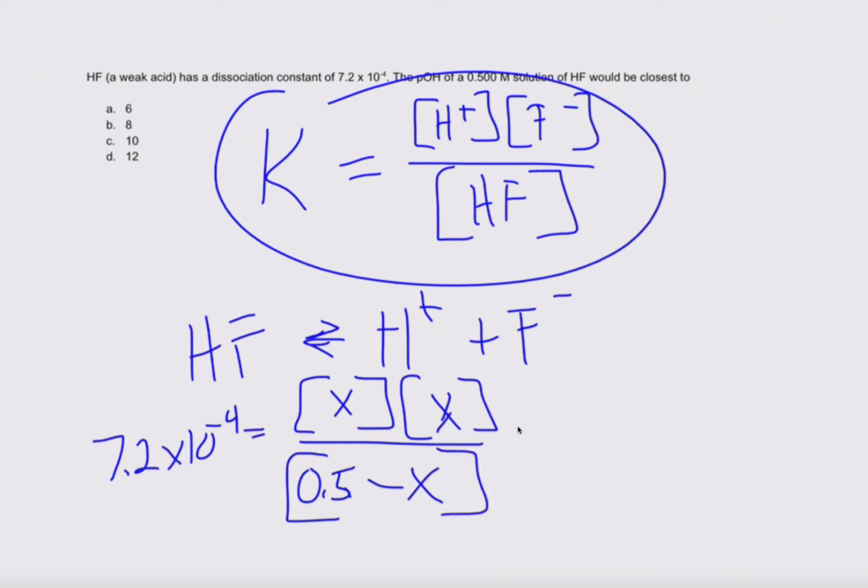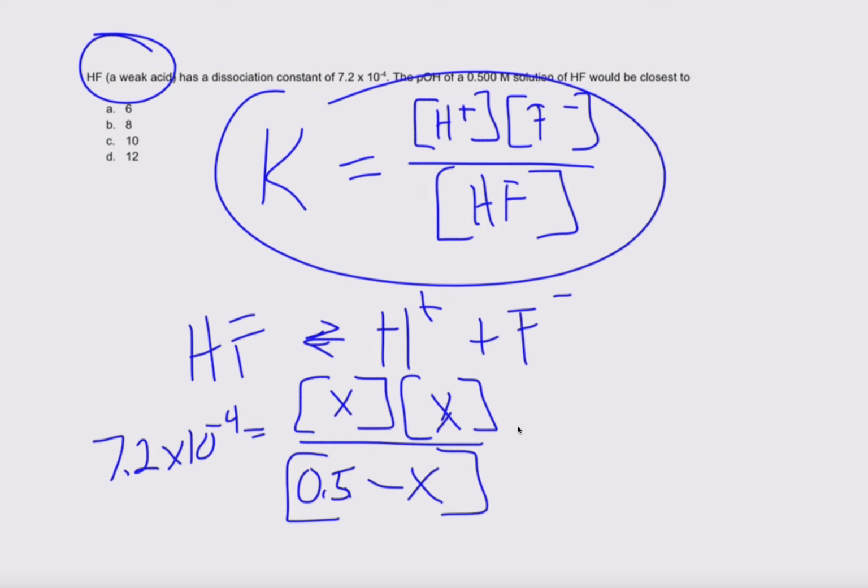So here's where it gets a little bit funky, and you just kind of have to go with it. Since it is a weak acid, very few of these hydrogen fluorides are going to break apart, or they're going to break apart and get back together very quickly. So for all practical purposes, the difference between the initial concentration of hydrofluoric acid and the final concentration of hydrofluoric acid is pretty much the same.